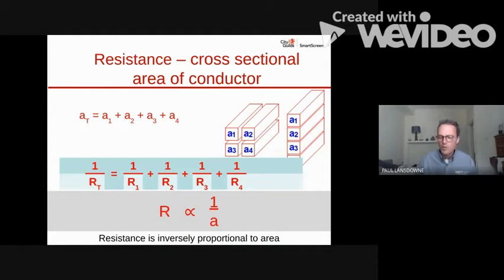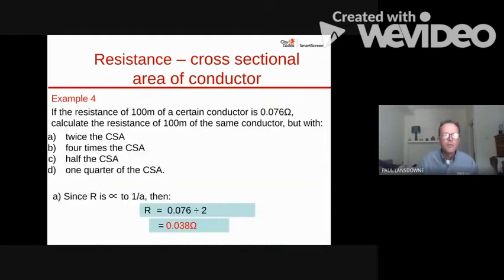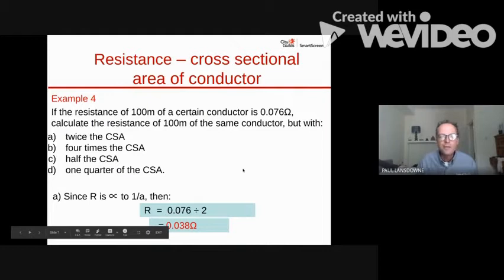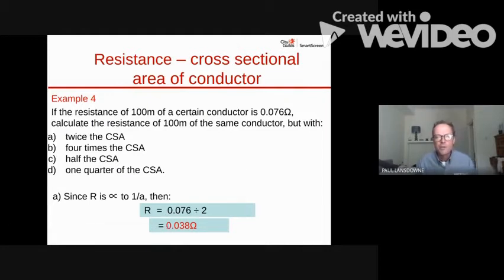I'll show you some examples here. If the resistance of 100 meters of a certain conductor is 0.076, calculate the resistance of 100 meters of the same cable, but A, twice the cross-sectional area, B, 4 times the cross-sectional area, C, half the cross-sectional area, and D, 1/4 the cross-sectional area.